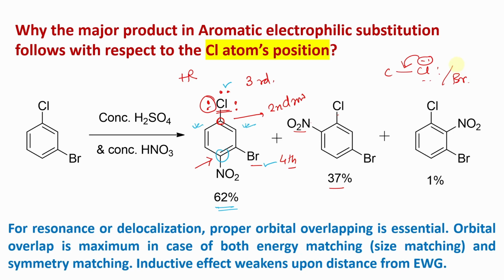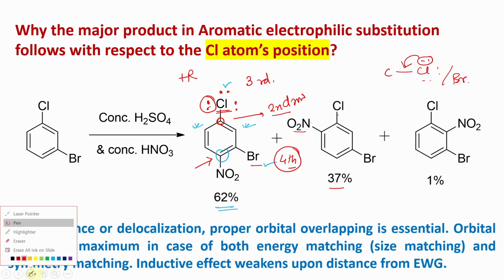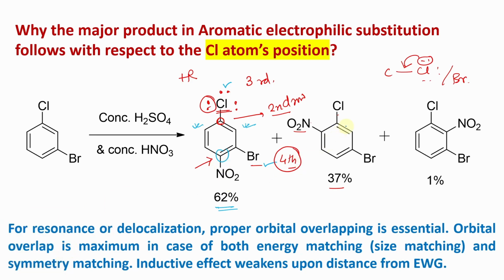Remember, there is a condition for a bond formation: symmetry matching, energy matching. Carbon belongs to second row, bromine belongs to fourth row, so there is lesser energy matching. Symmetry is there, but lesser energy matching. That's why this chlorine-carbon overlap is more, plus R effect more, that will result in more amount of para product.